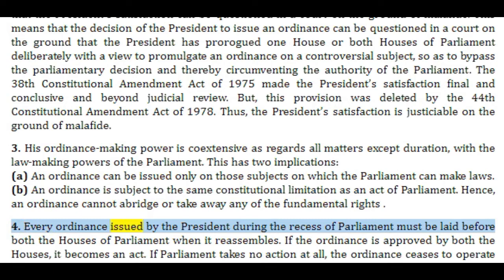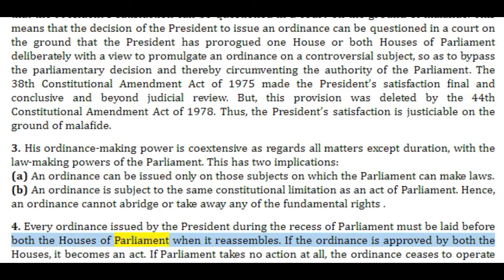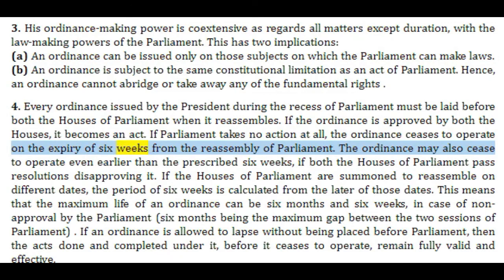4. Every ordinance issued by the President during the recess of Parliament must be laid before both the Houses of Parliament when it reassembles. If the ordinance is approved by both the Houses, it becomes an act. If Parliament takes no action at all, the ordinance ceases to operate on the expiry of 6 weeks from the reassembly of Parliament.